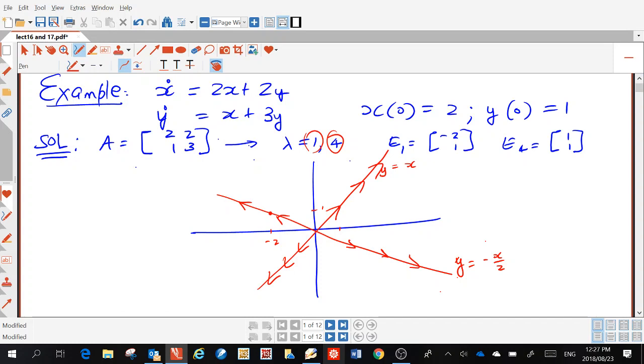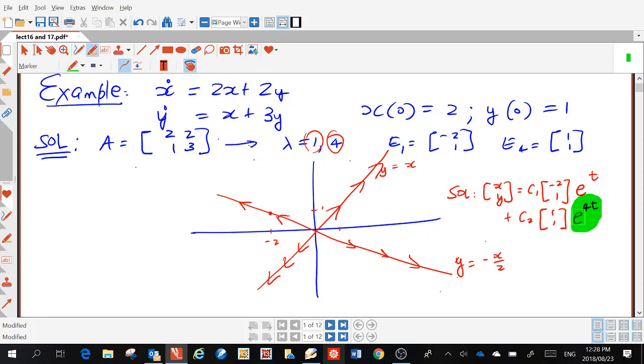So the solution will be (x, y) equals C1 times (minus 2, 1) e to the t plus C2 times (1, 1) e to the 4t. And the argument works around the fact that e to the 4t dominates at infinity.